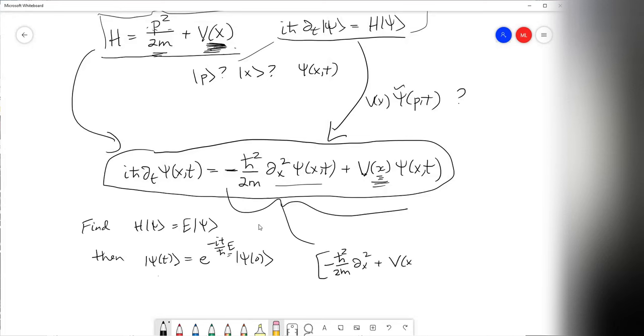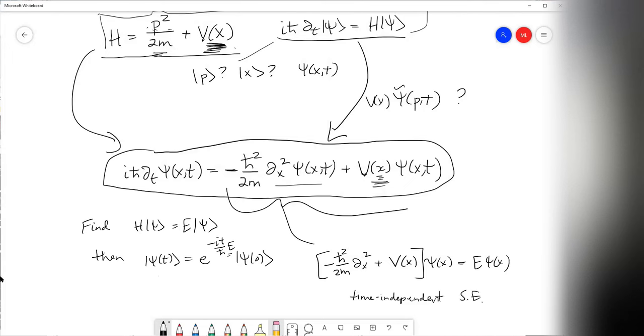Schrodinger equation. And that amounts to solving this differential equation now in just space, right? And this is the time independent Schrodinger equation.